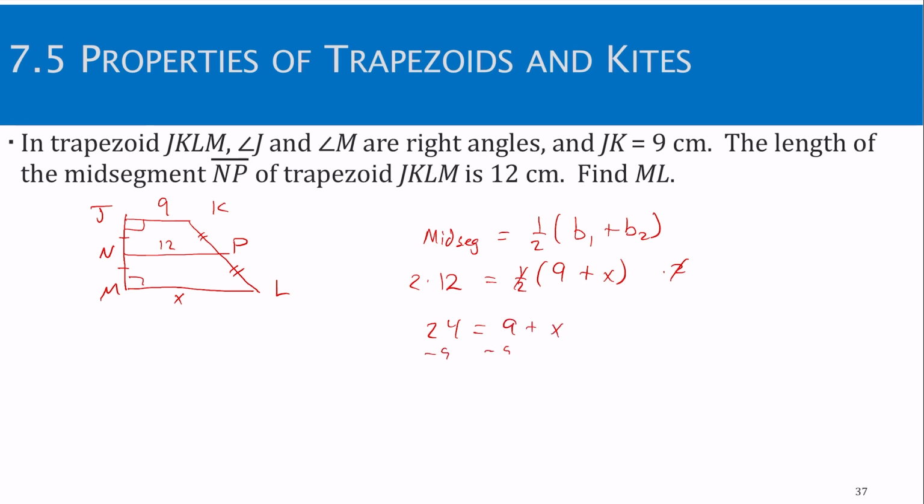Subtract the 9. And x is 15. Notice, from 9 to 12 is 3. From 12 to 15 is 3. So the 12 is directly in between, lengthwise, between the 9 and the 15.